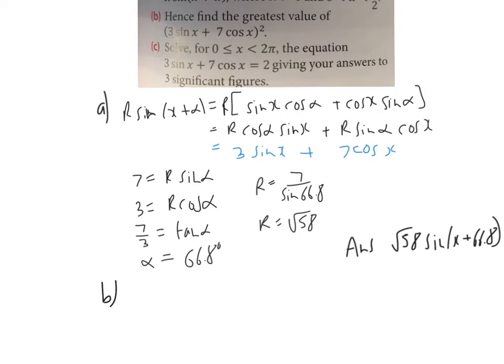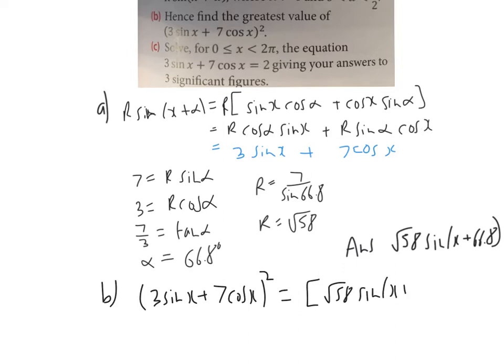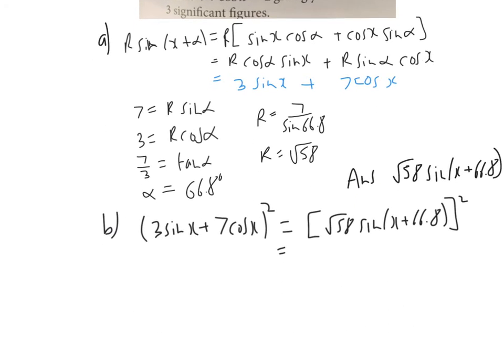Hence find the greatest value of (3 sin x plus 7 cos x) squared. Well, (3 sin x plus 7 cos x) all squared is the same as (the square root of 58 sin(x plus 66.8)) all squared. And that's the same as 58 multiplied by sin squared of (x plus 66.8).